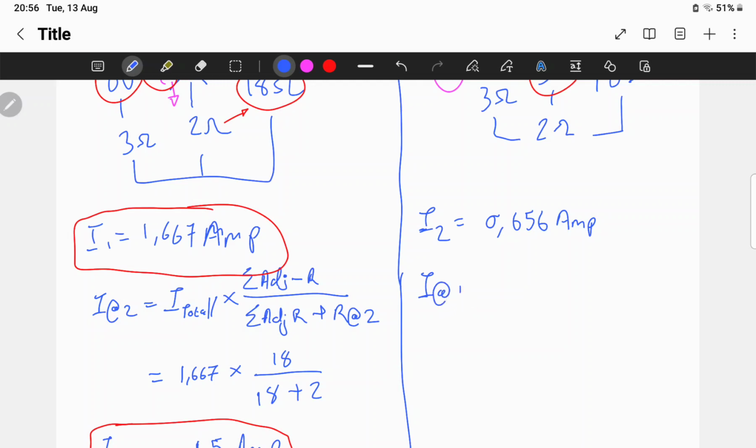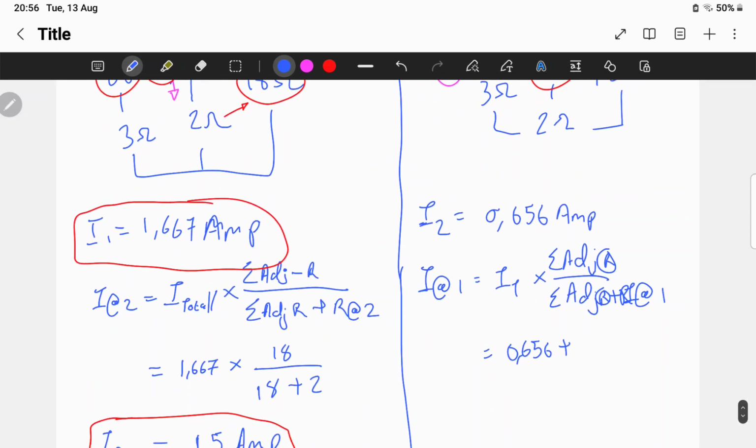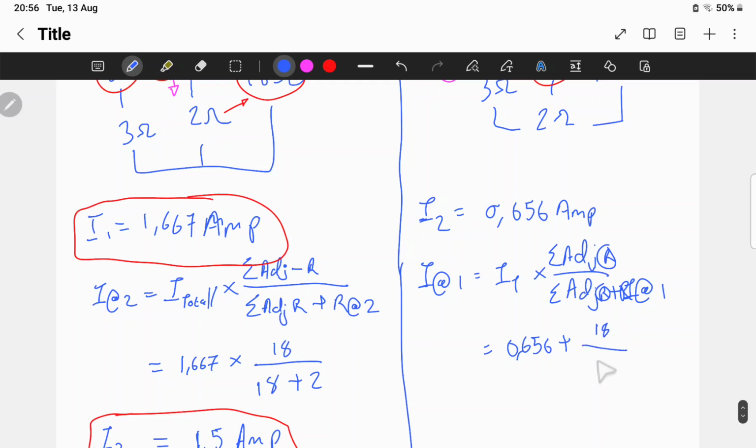current at 1 is equal to the total current multiplied by the adjacent resistor over the sum of the adjacent plus the resistor at 1. So we have the total current 0.656 multiplied by the adjacent resistor, which is 18 over 18 plus 3.